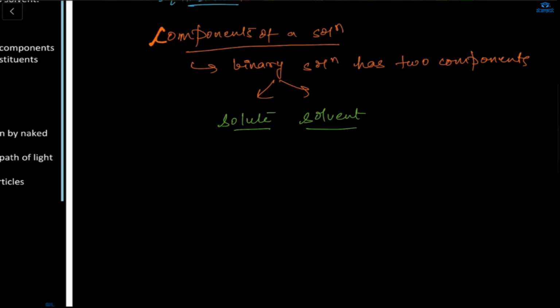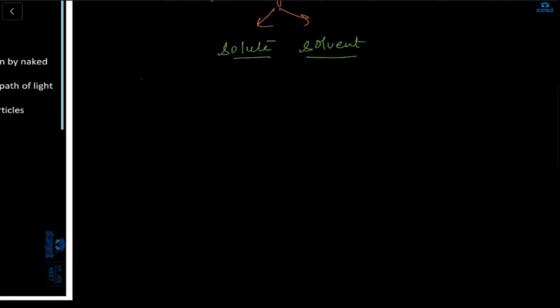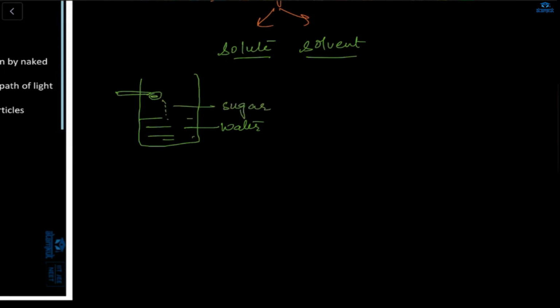See, when a sugar is dissolved in water to prepare a sugar solution, for example, this is my beaker, this is water, and if I am dissolving a sugar, let's say this is my spoon, in the water, so sugar is called what? Solute, and water is called solvent.